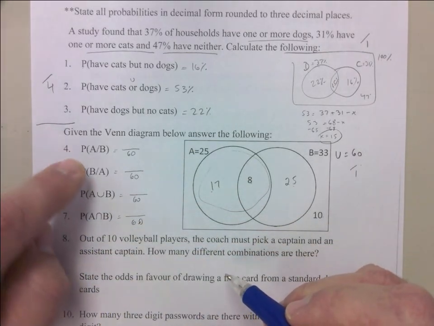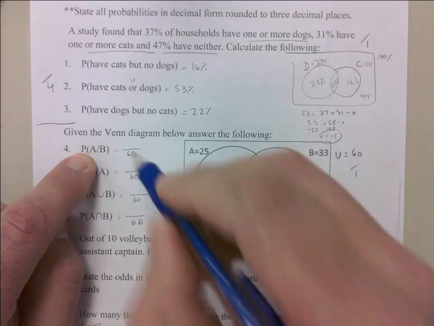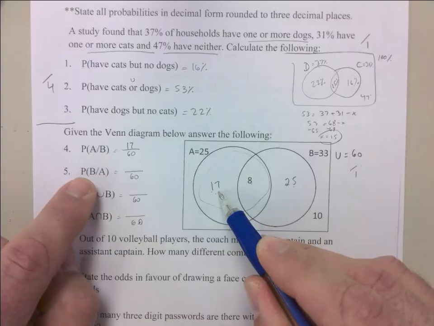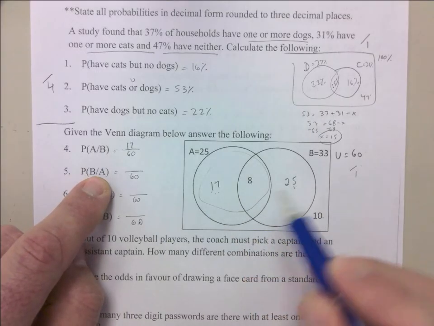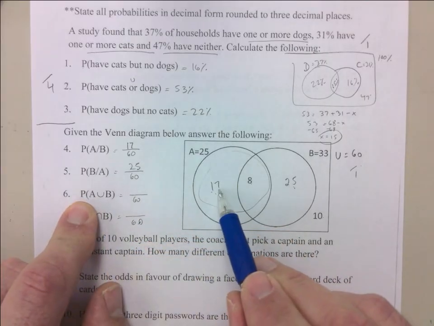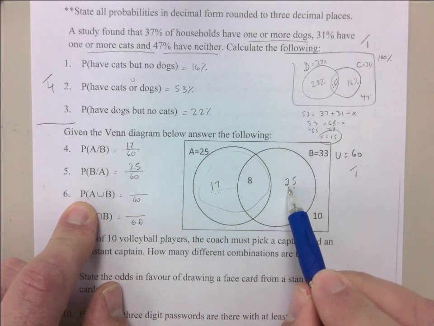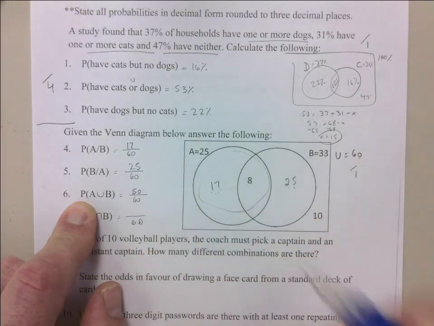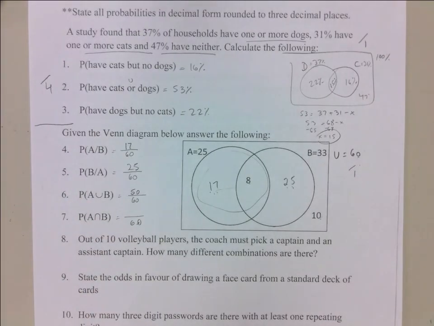So probability of A not B, that'd be 17 out of 60. Probability of B not A, that's 25. Probability of the union, it's basically adding up these 3, or you go universal minus 10. It's 50 regardless of how you go about it.